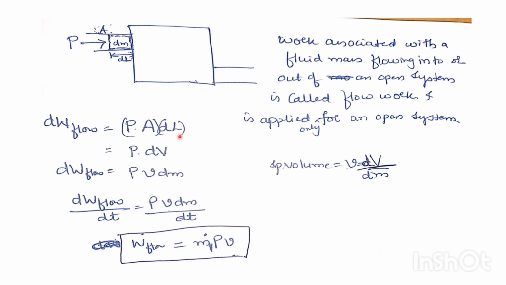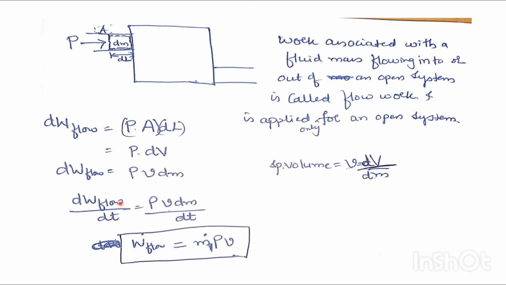Area into dl is nothing but dV, the change in volume. So dW of flow work is P into dV. Specific volume v is dV by dm, the volume per unit mass. Therefore, the change in volume dV is equal to v into dm.